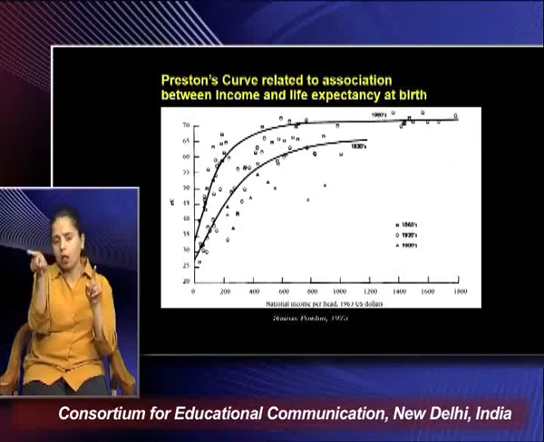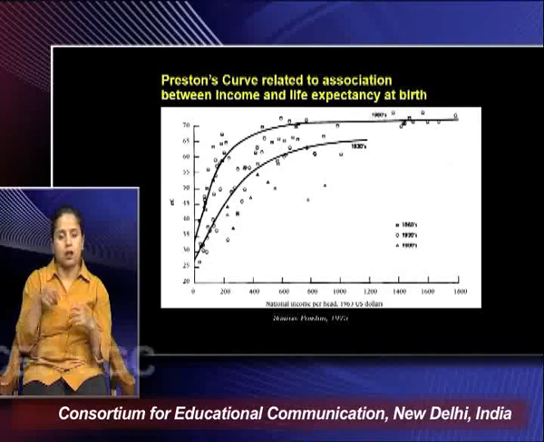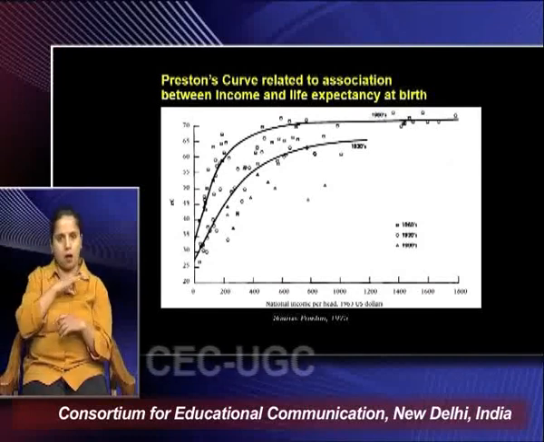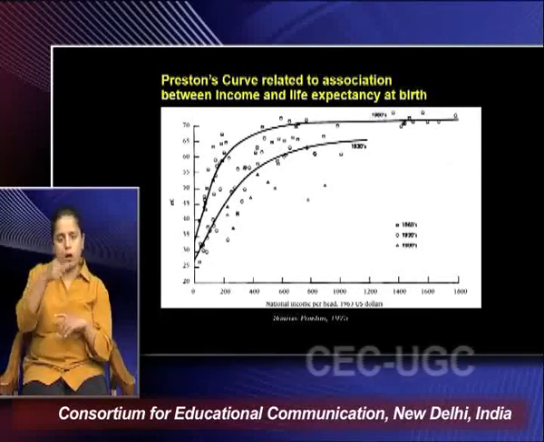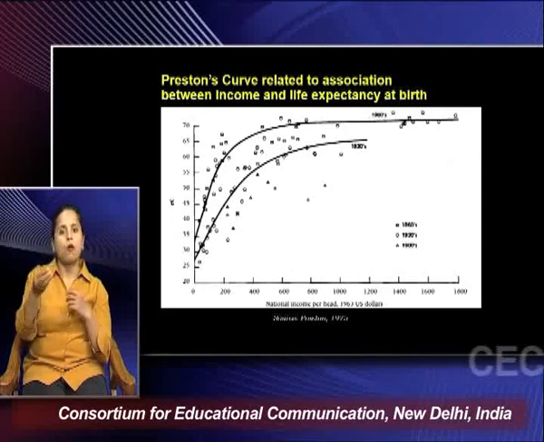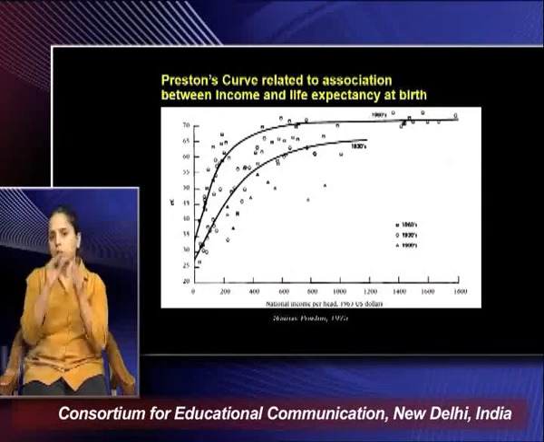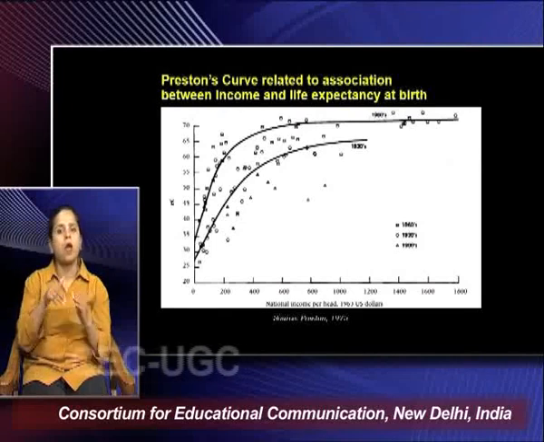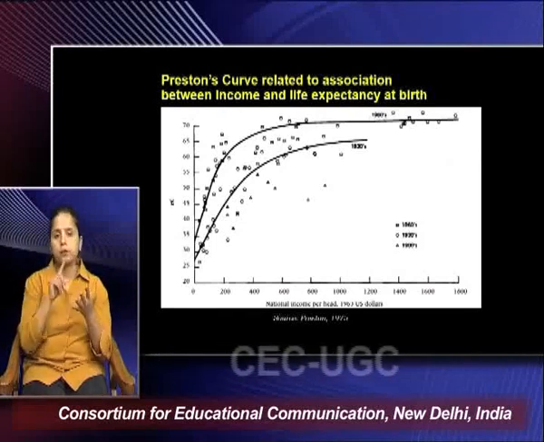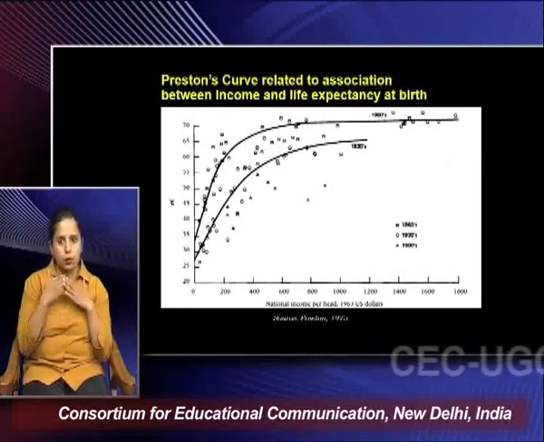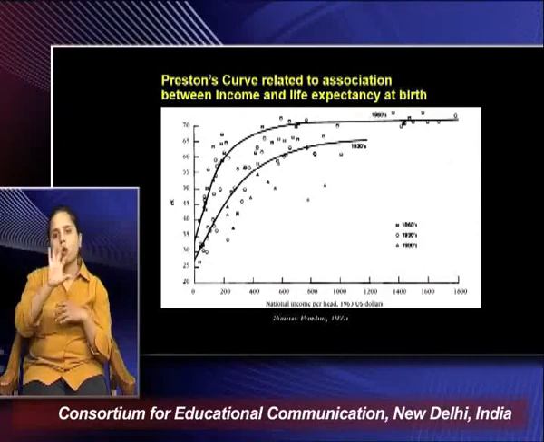So initially, as income in the country rises, for example, you have improvement in the life expectancy of people. What happens? You have better access to food, you can afford better housing, you have better household environment, you have better access to healthcare services, education, etc. So that helps the country to improve the life expectancy to begin with for some period of time.